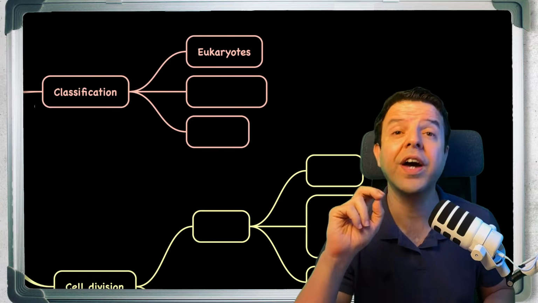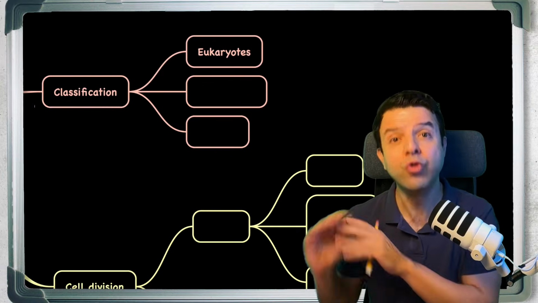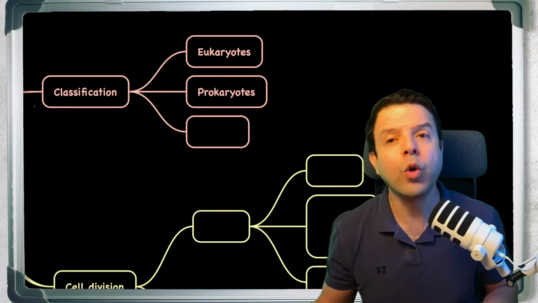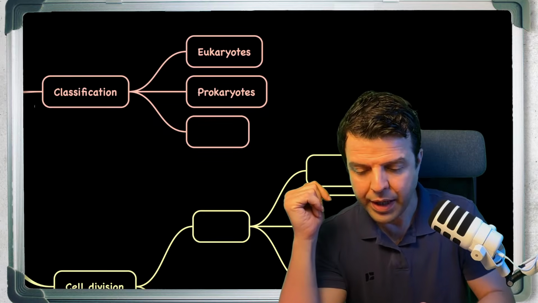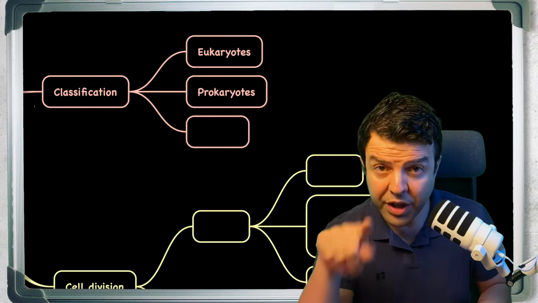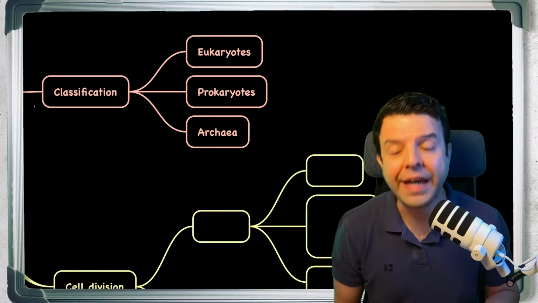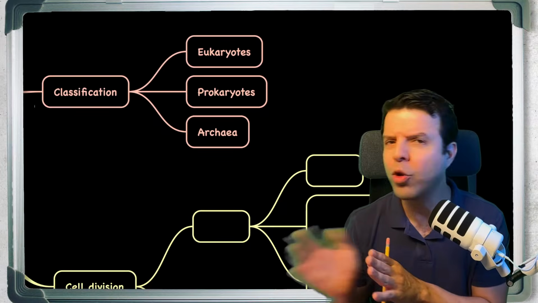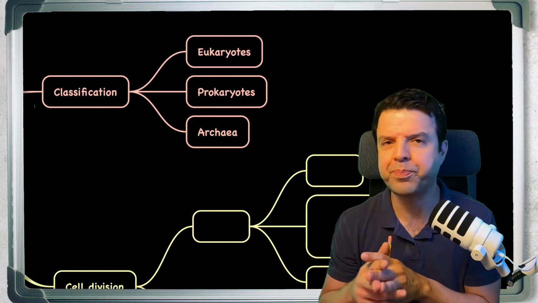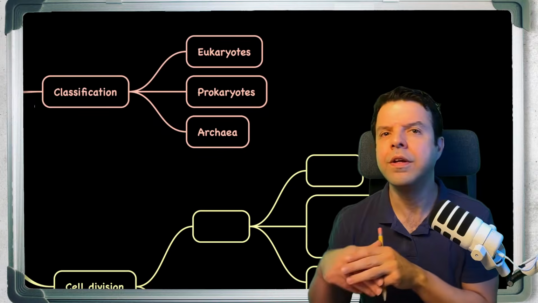You're going to classify these into 3 main domains. One we call eukaryotes, one we call prokaryotes, and the third one, which you're going to learn in this unit, we call archaea. So it's just a modern way of classification. No longer do you talk about animals, plants, vertebrates.